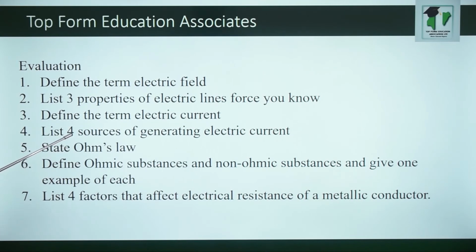Number 4, list 4 sources of generating electric currents. Number 5, state Ohm's law. 6, define ohmic substances and non-ohmic substances and give 1 example of each. Number 7, list 4 factors that affect electrical resistance of a metallic conductor.